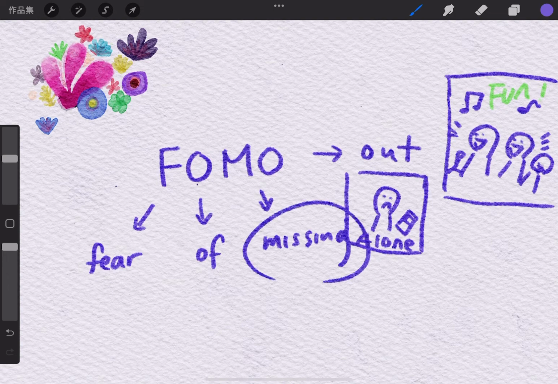This is the missing part, missing out on something fundamentally important that others are experiencing right now. So I don't know how important it is to be karaokeing, but yeah. So that's essentially what it is.